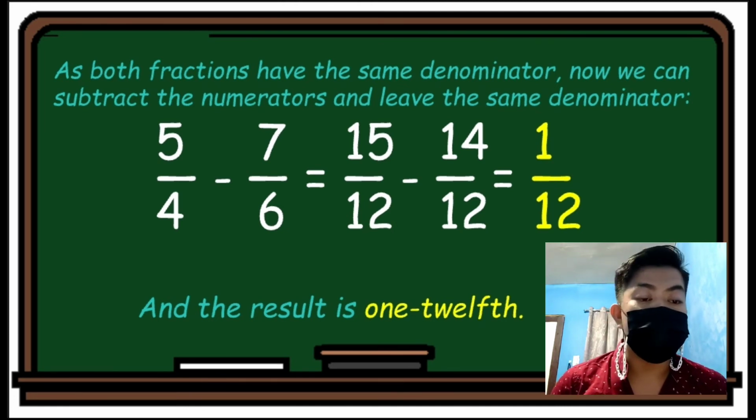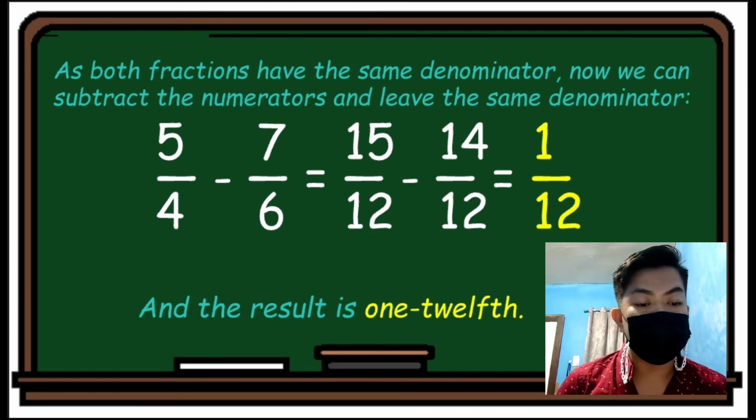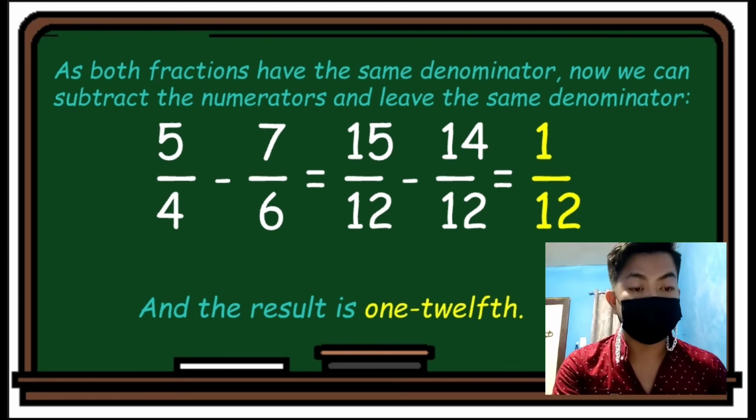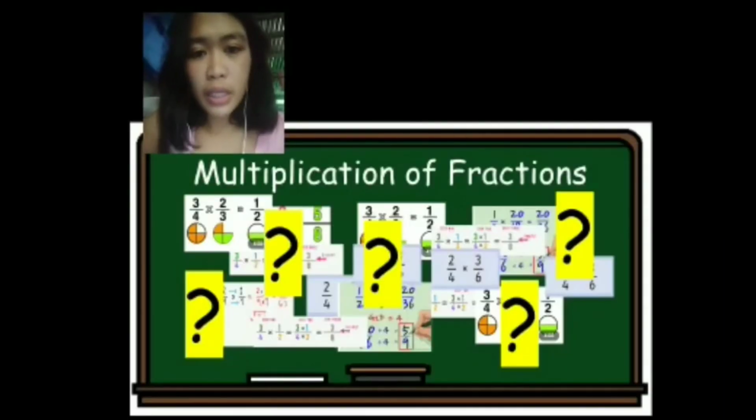So 15 over 12 minus 14 over 12 is equal to 1 over 12. And the result is 1/12. Thank you. Now let's continue our discussion.